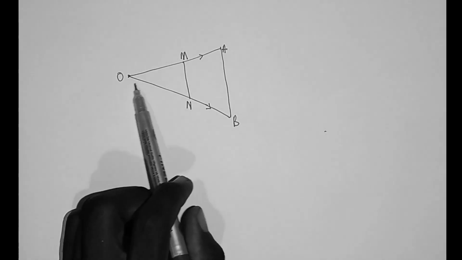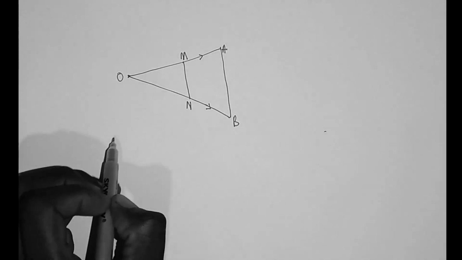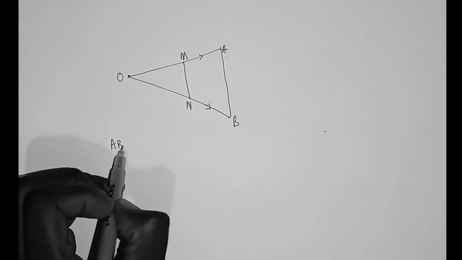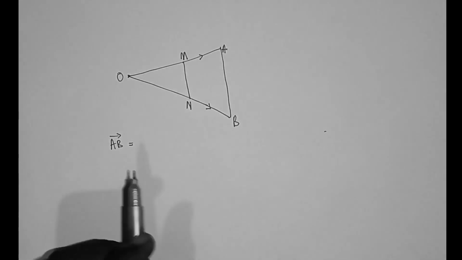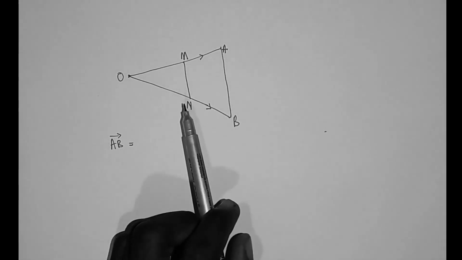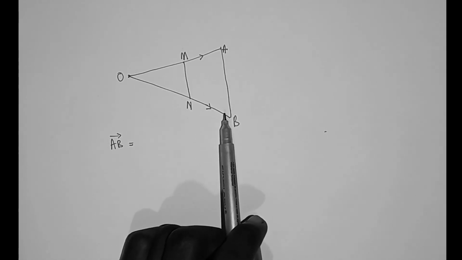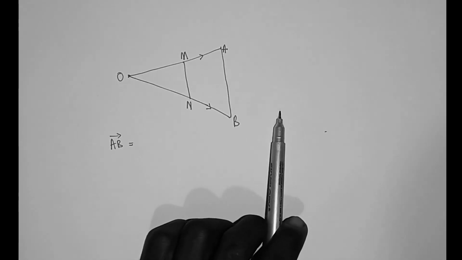So let's assume we have an arrangement of vectors in this form and we are supposed to find the vector AB. So we've already established that we find the sum of two vectors by placing the tail of the second vector on the head of the first vector.